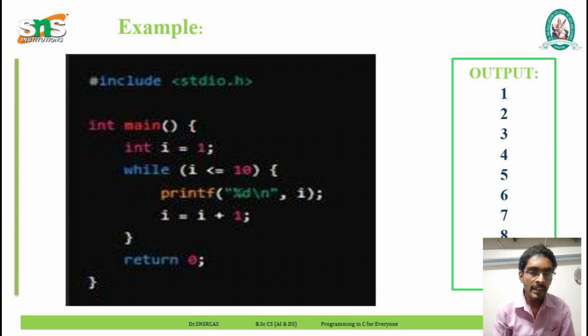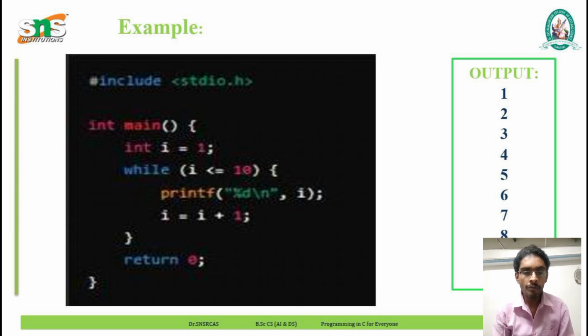Here there is an integer variable I declared and it is initialized as 1, and inside the while loop in the condition part, the variable I is checked against 10, whether it is less than or equal to 10, and inside the while loop braces the value of I is printed, and there is an increment statement I equal to I plus 1. While this statement executes up to 10 times, the variable I is incremented from 1 to 10.